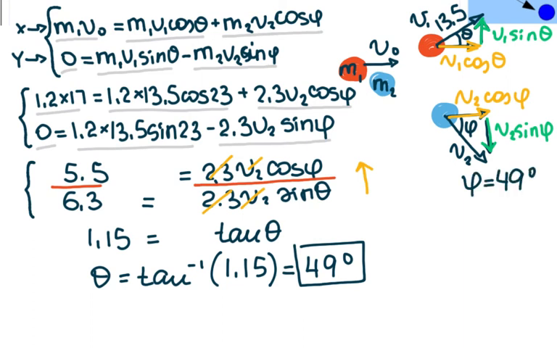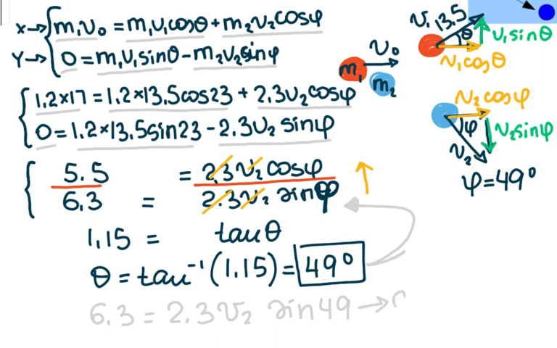So now, since we know this angle, I forgot this one is phi, we can plug in this angle and find v2. I can plug it into this equation actually. So I will have 6.3 is equal to 2.3 v2 times sine of 49.